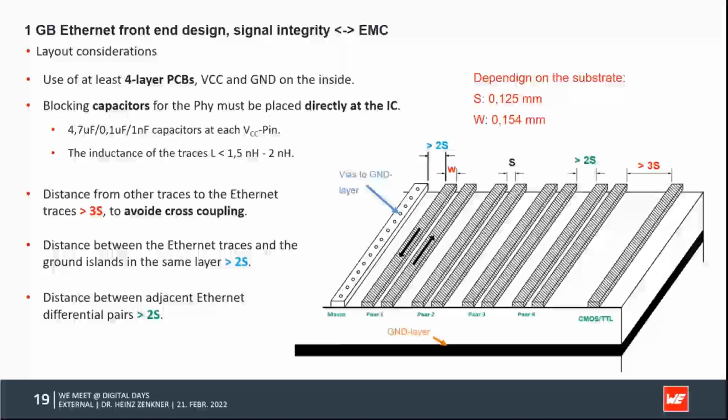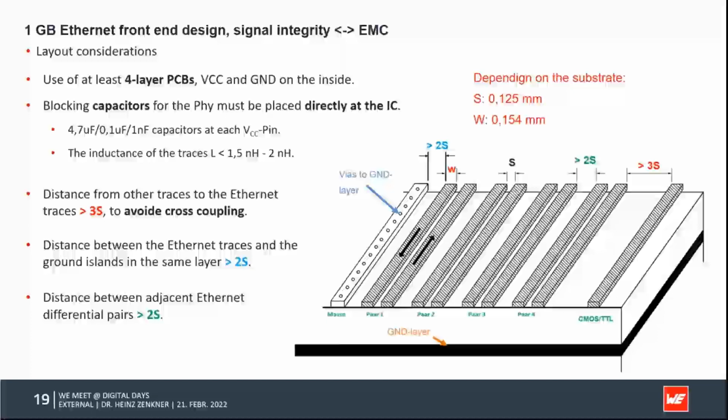Then the distance between an Ethernet pair and other traces should be more than 3S, which is defined here. You see 1S is 0.125 millimeters, so you can calculate how the distance should be between, let's say, TTL, CMOS, other signal traces and the pair here.